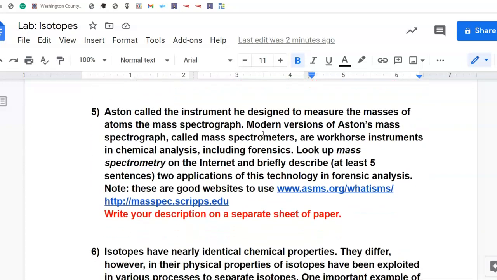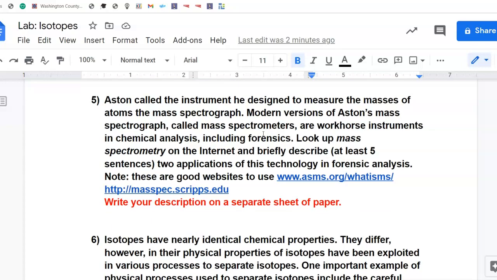The next two questions are going to be research questions. This one right here is about mass spectrometry. You are going to Google or look up what mass spectrometry is, and then give me two applications of this technology in forensic analysis.